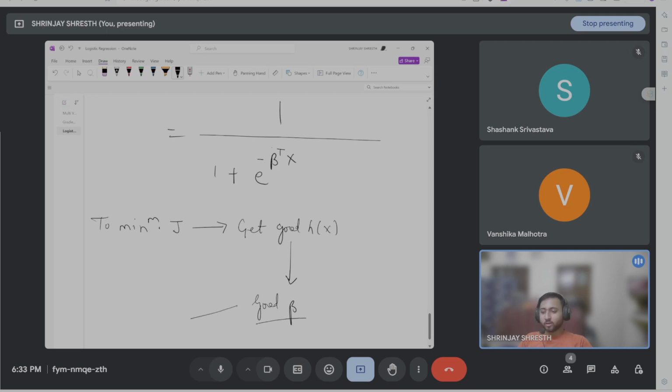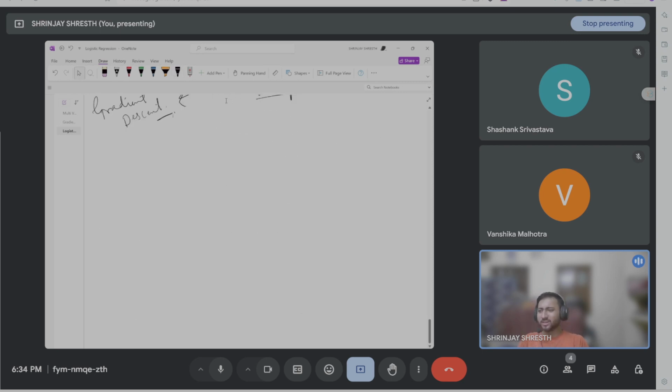And how do you get good beta? हमने देखा था, we'll use gradient descent. हमने देखा था, one way is you can do it mathematically, no issues. वो जो equation था X transpose X करके एक equation था normal form, you may use that and you'll get the best value. But inverse operation हम क्यों करेंगे? Let us do it with gradient descent.